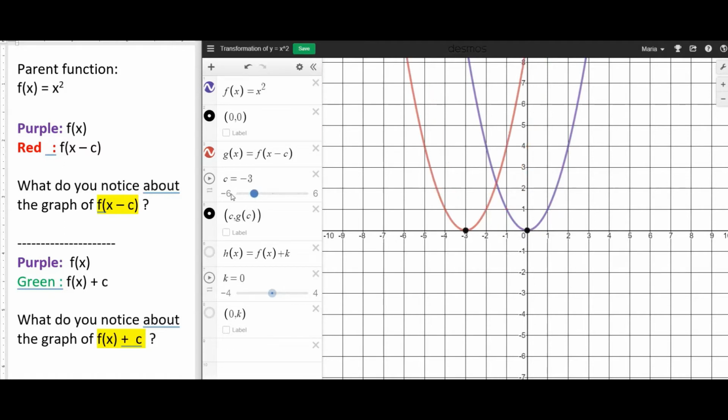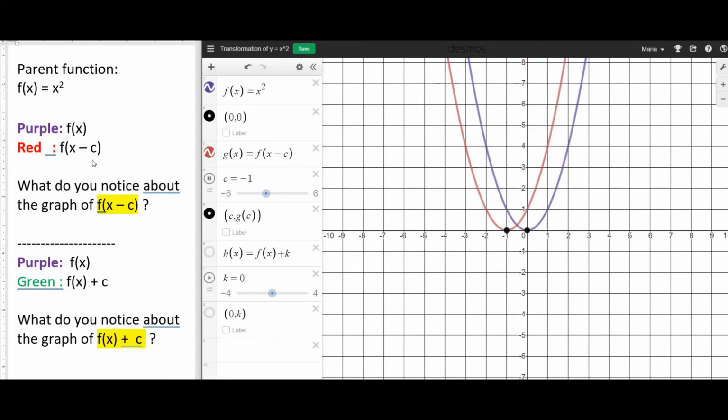So the moral of this story is this. We have the graph of some parent function f of x. In this case, we're looking at the graph of f of x equals x squared. Now, if we apply the transformation of f of x minus c, I want to point out, what is it that we're changing?